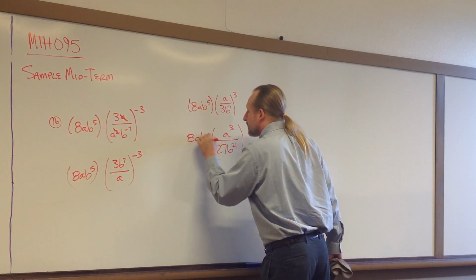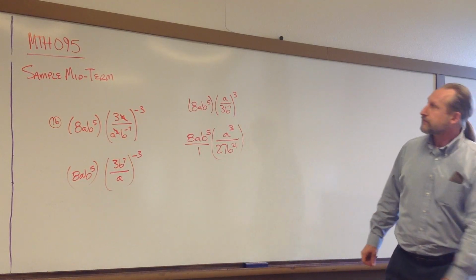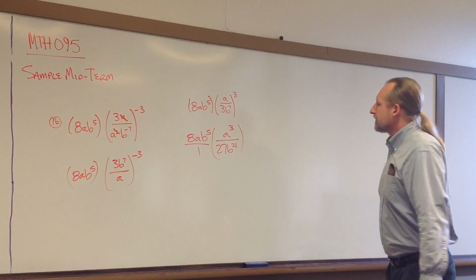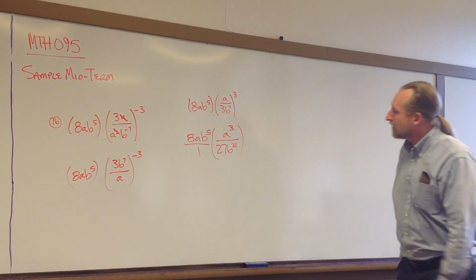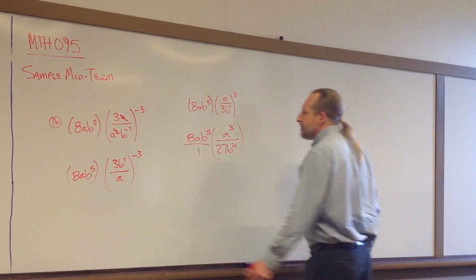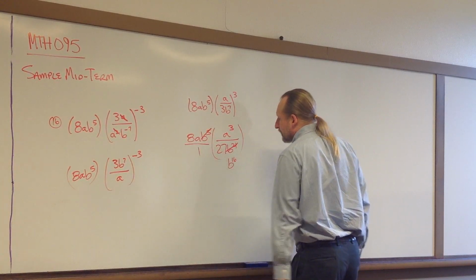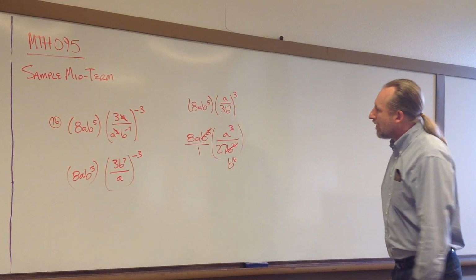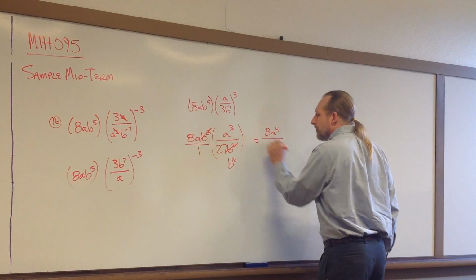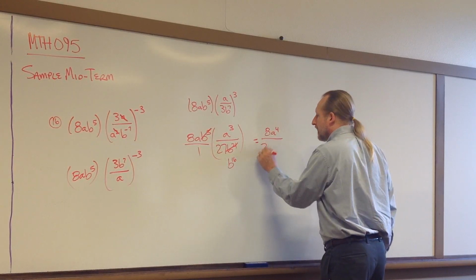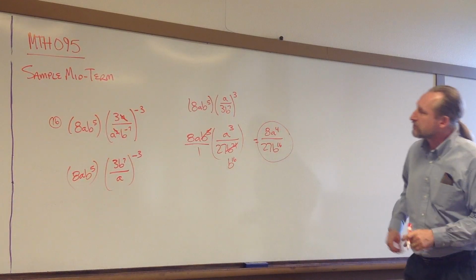And again, that's because they behave differently, because they play different roles. All right, let's see here. The 8 and the 27 don't have any common factors. We're not going to do any canceling. The B to the 5th will cancel out 5 of these, leave us with B to the 16th. So it looks like on top, we're going to get 8, A to the 4th, and on the bottom, 27, B to the 16th, and there we go.